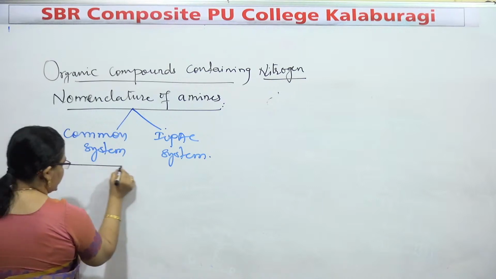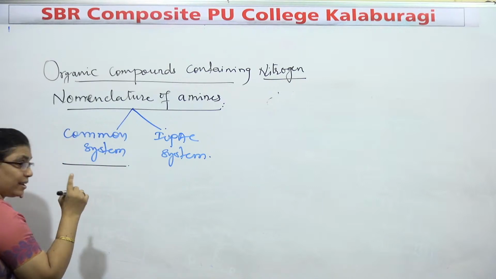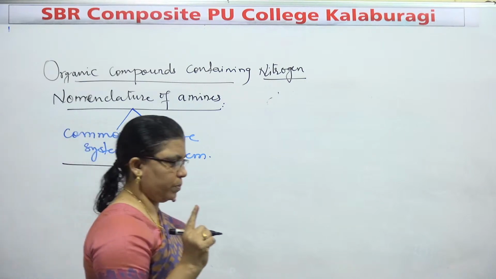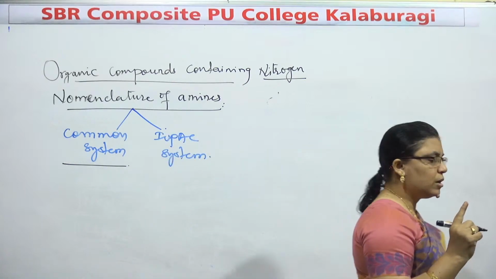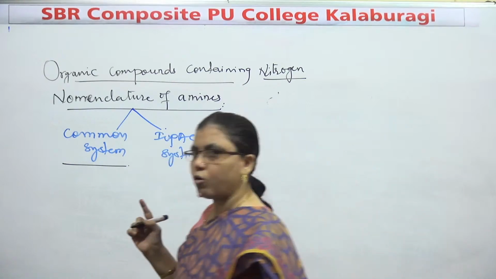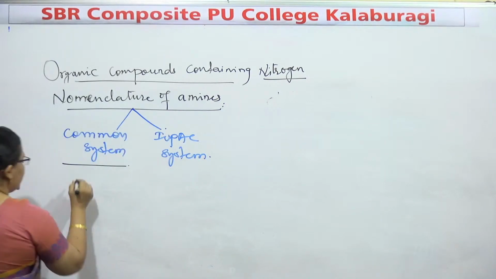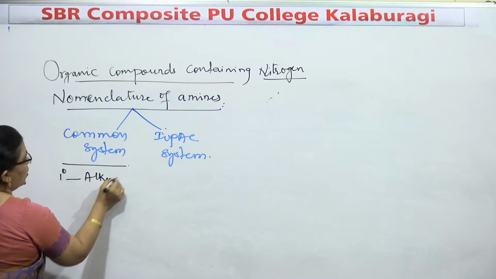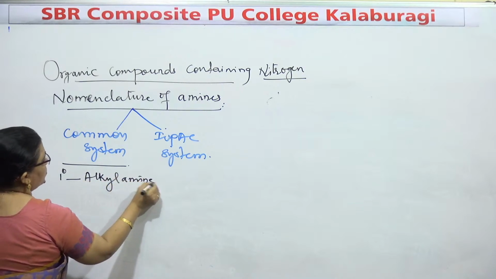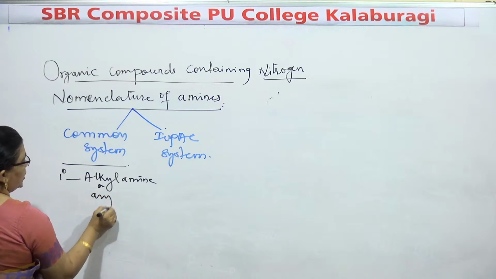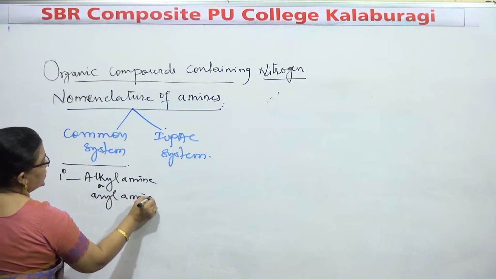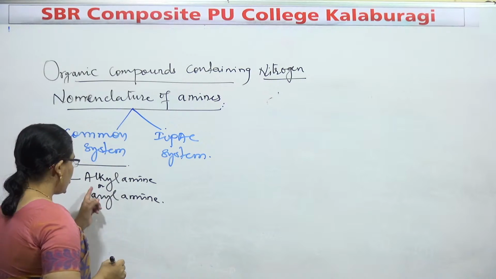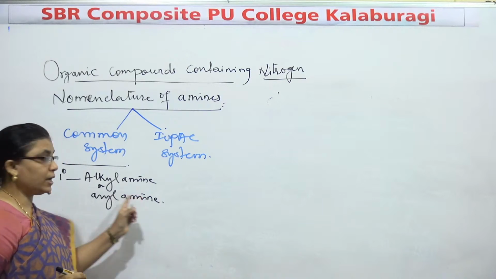Primary amine contains only one alkyl group. According to the common system, primary amines are named as alkyl amine or aryl amine.